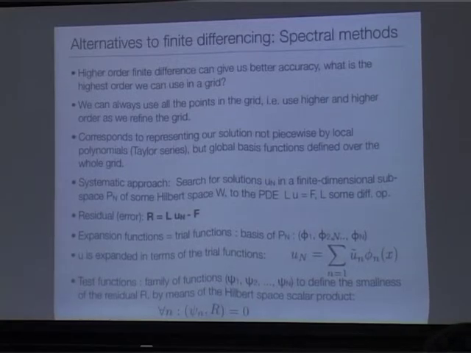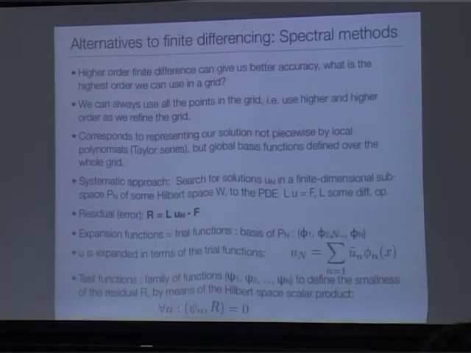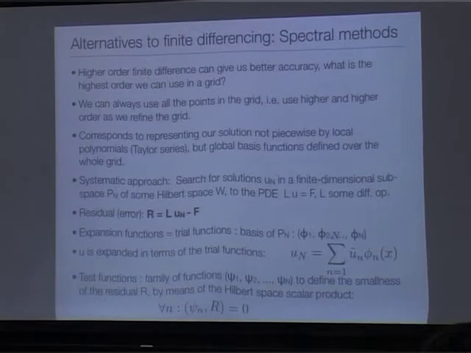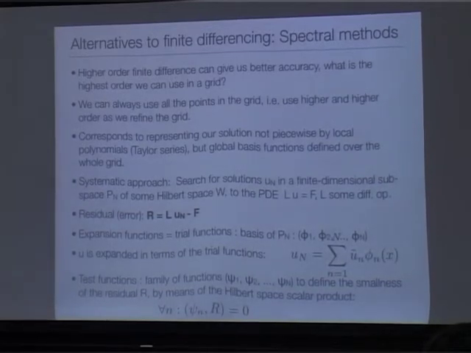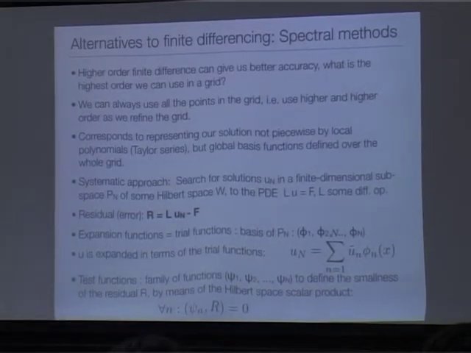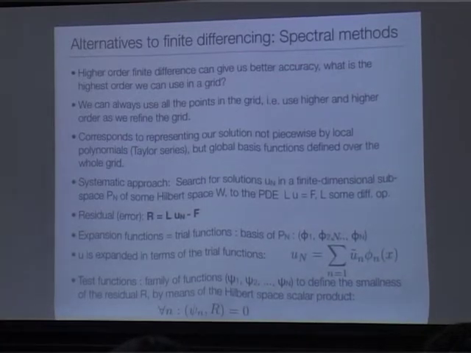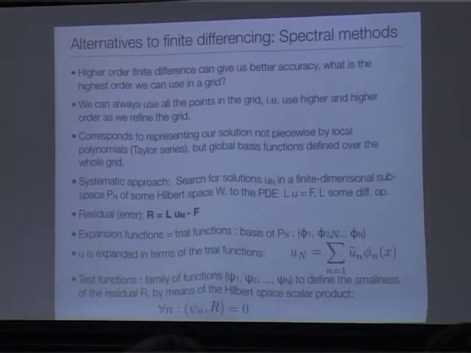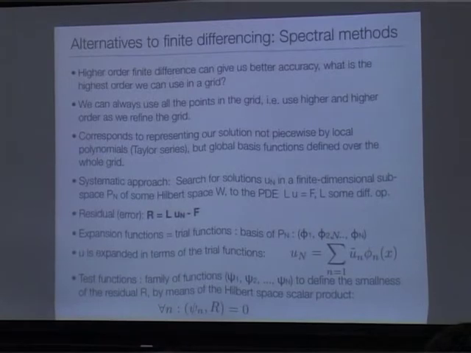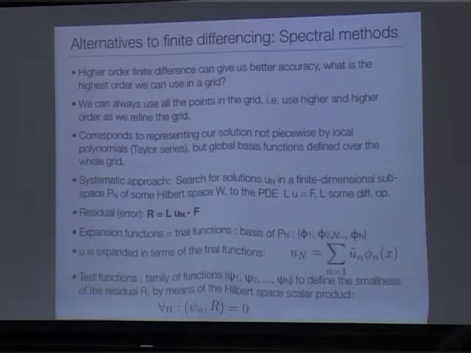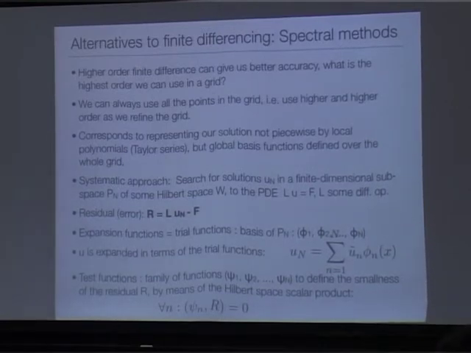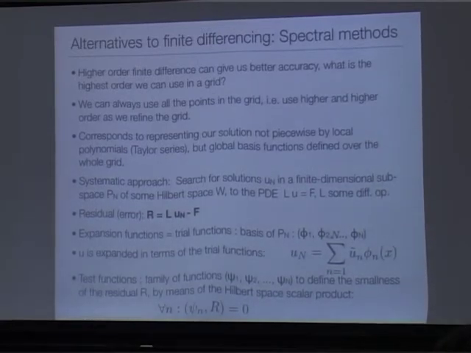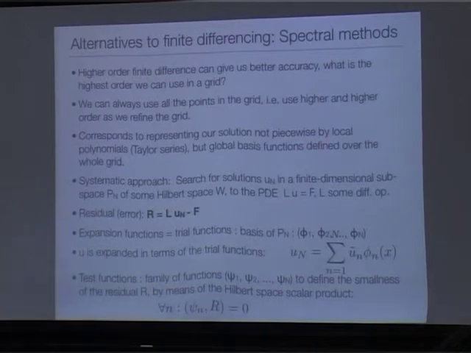It turns out this makes perfect sense. Another way to formalize this is that it corresponds not to representing your solution by a piecewise local polynomial of a fixed order, but by a polynomial which goes over the whole grid. We usually call these functions which extend over the whole grid global basis functions.